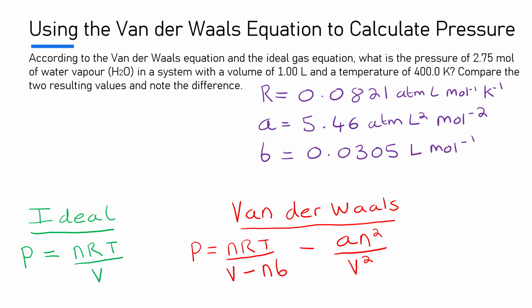Pressure equals the amount in moles multiplied by the ideal gas constant multiplied by temperature divided by the volume of the system minus the amount in moles multiplied by established constant B. We then subtract the value from the following part of the equation, which results from multiplying established constant A by the amount in moles squared. Remember, we don't square A, and divide that by the volume of the system squared.